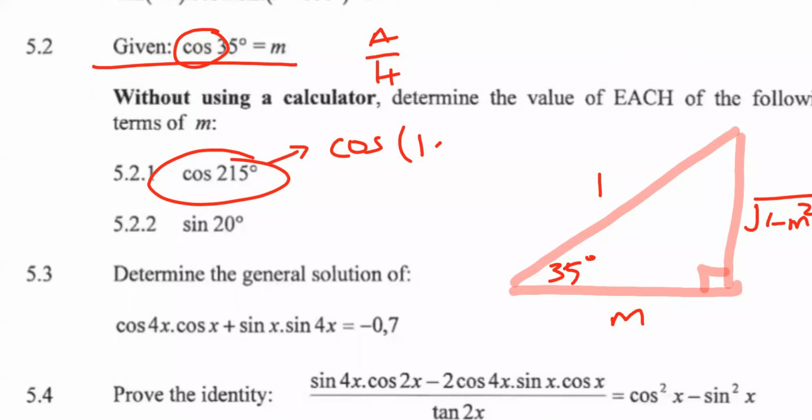Sorry, yes. 180 plus 35. Okay, so that's in the third quadrant. Is cos positive or negative? Negative, so negative cos 35. And because we know cos 35 is m, we can just say that this answer is equal to negative m.